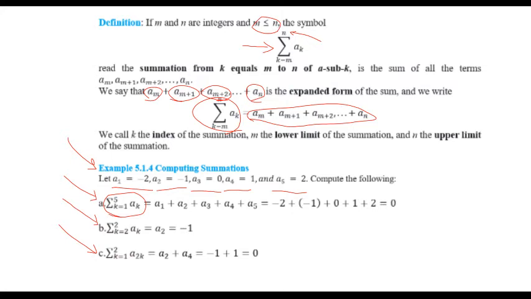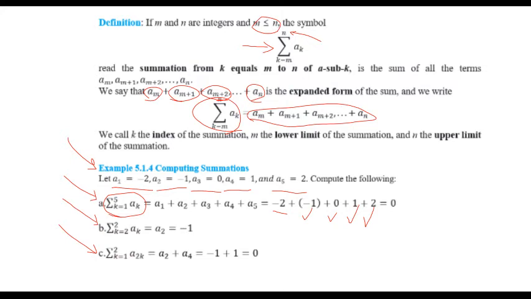So we have a1 plus a2 plus a3 plus a4 plus a5, which is equal to -2, which is a1, -1, which is a2, 0, which is a3, 1, which is a4, and 2, which is a5. If you add them all together, the result becomes 0. So the summation of a sub k, k from 1 to 5, is equal to 0.